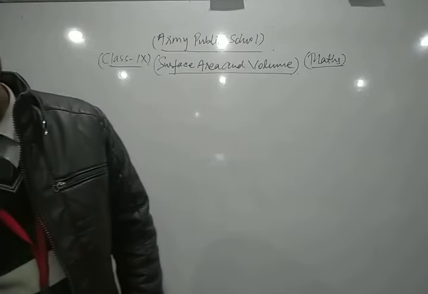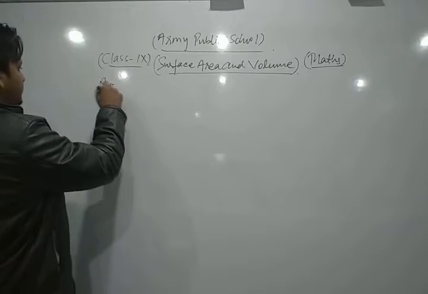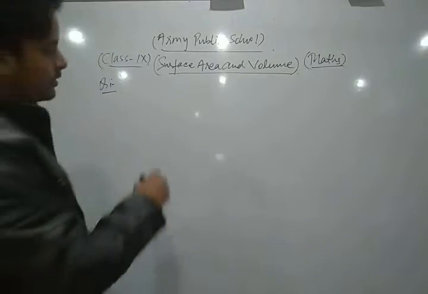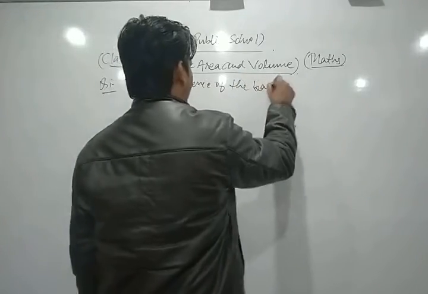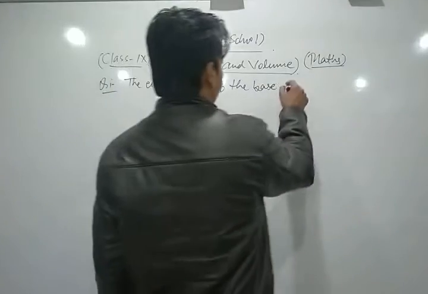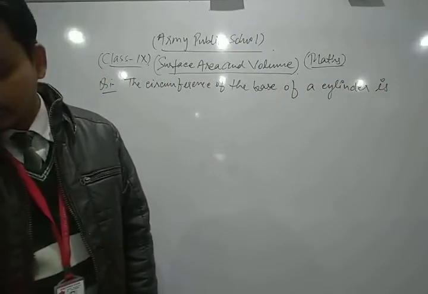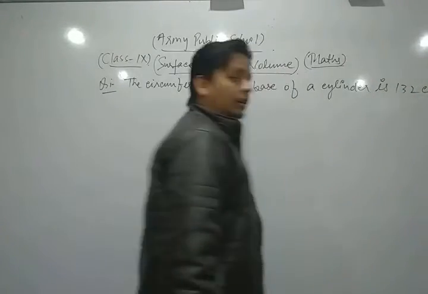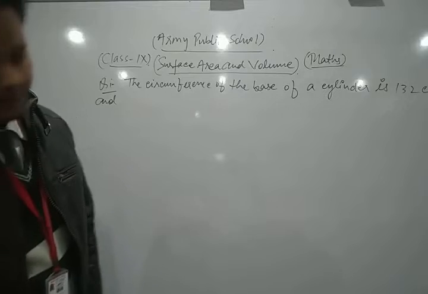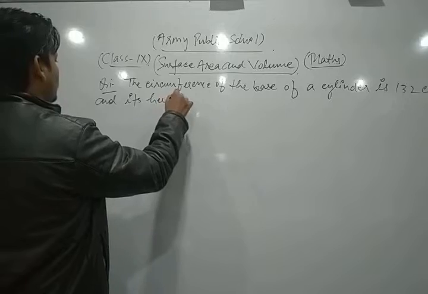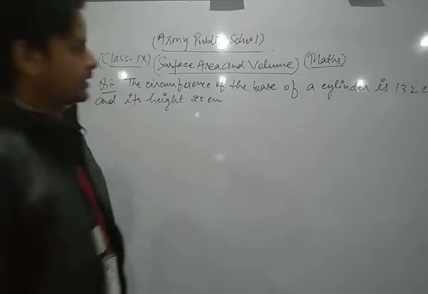Related to that chapter. Okay, and the question is: the circumference of the base of a cylinder is 132 centimeter and its height is 25 centimeter.